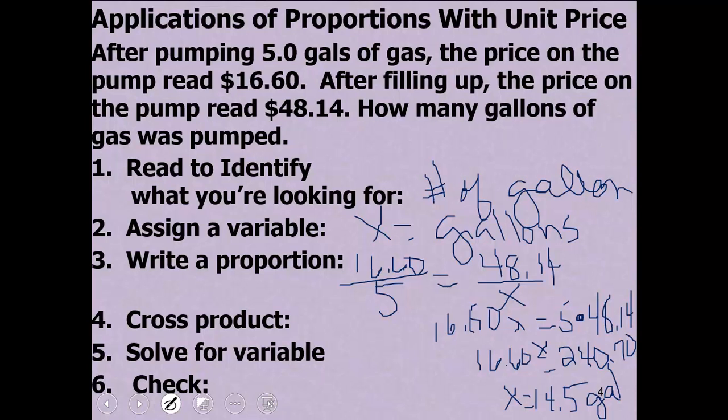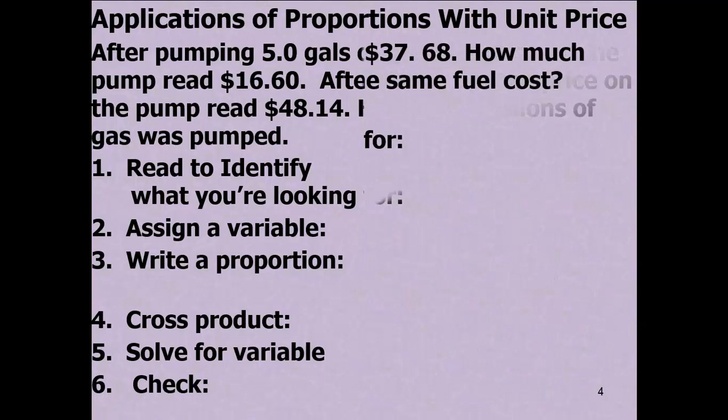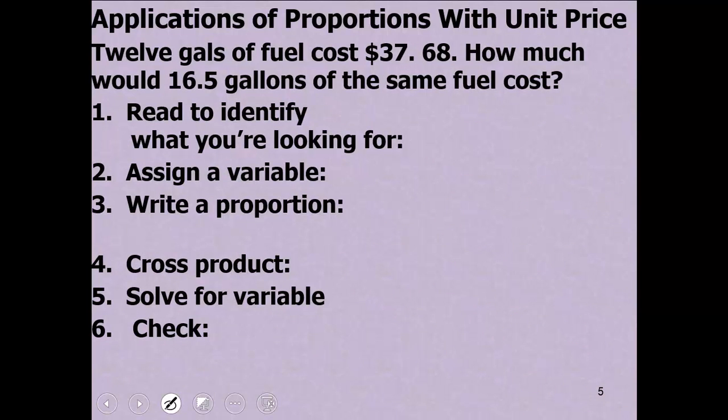And that gives you 3.32 per gallon. And then you would have 1660 divided by 5. And that gives you 3.32 per gallon. All right, so it worked. Why don't you try this one and then come back and see if you got it right.